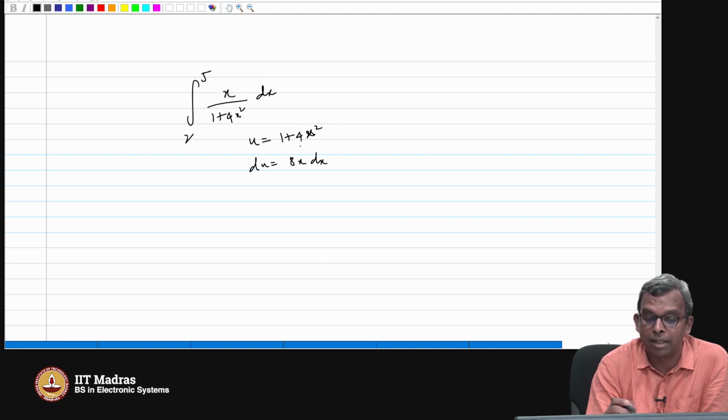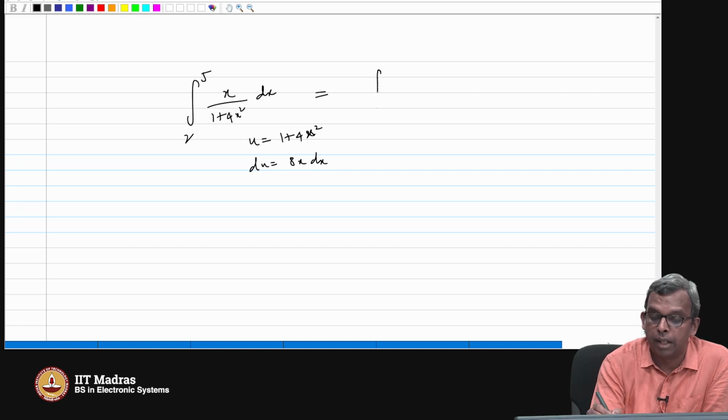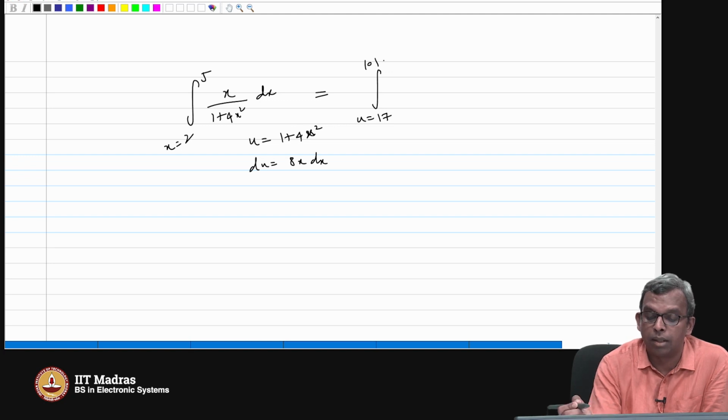Okay, and then notice this x dx. If you put x equals 2, u is 17, if you put 5, you're going to get 101, right? And then x dx is du by 8, so you get du by 8u.